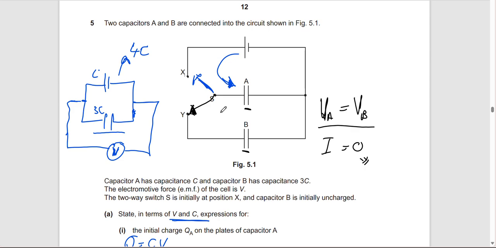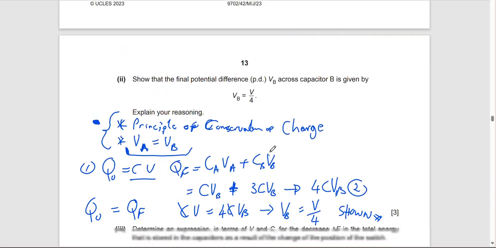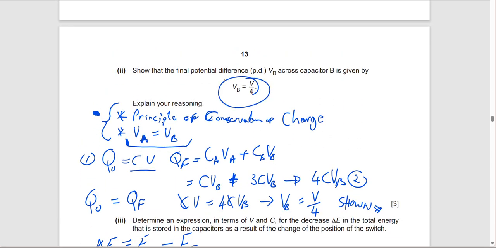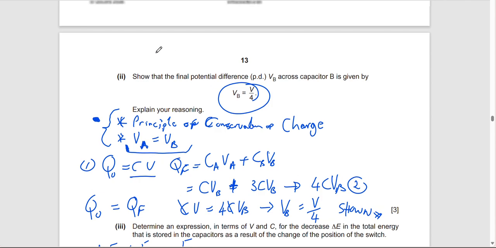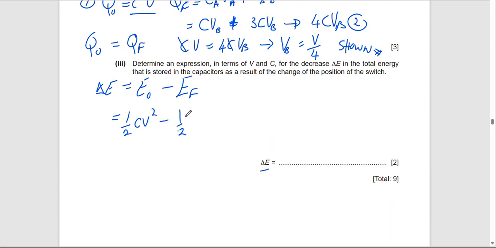And then the PD between them, remember VB is equal to VA, which is equal to V over 4. Remember from this part, VB is equal to V over 4. So we can plug that in now. Half, multiplied by the total capacitance, which is 4C, multiplied by the new value for V, which is VB equal to VA, equal to V over 4, and then we square that.